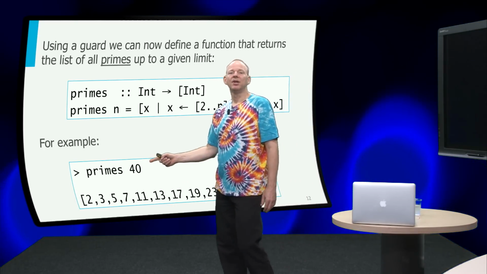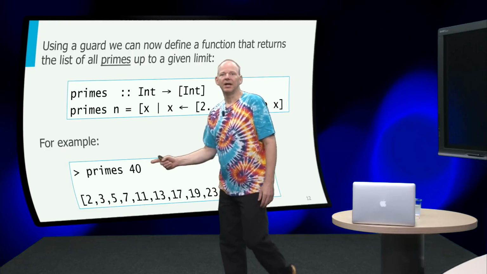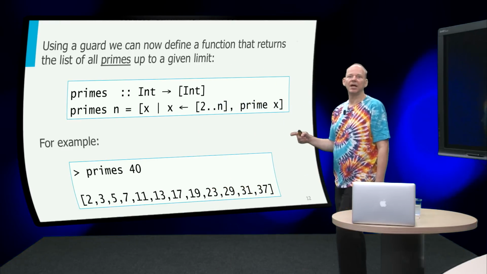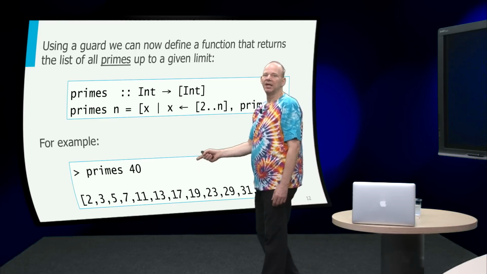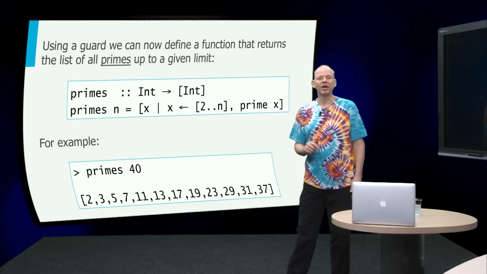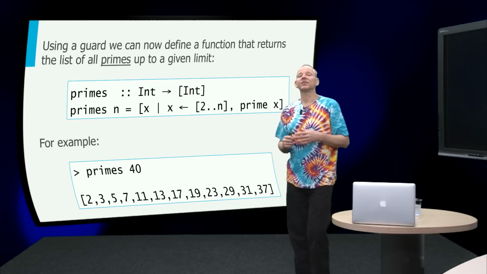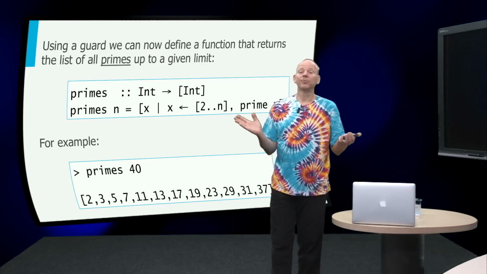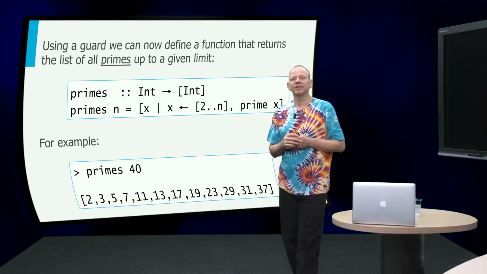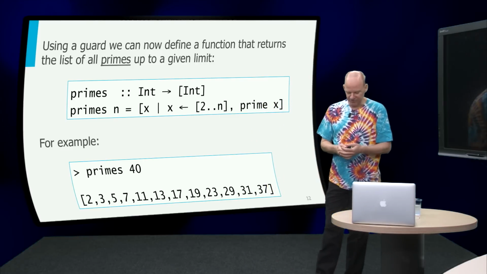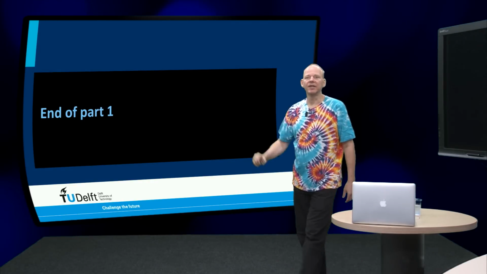So if I want to have all the prime numbers up to 40, I just run this list comprehension and I get all the prime numbers. Now, of course, this is not the most efficient way to compute prime numbers, but I think it's a very nice illustration of using list comprehensions. So see you in the next chapter.